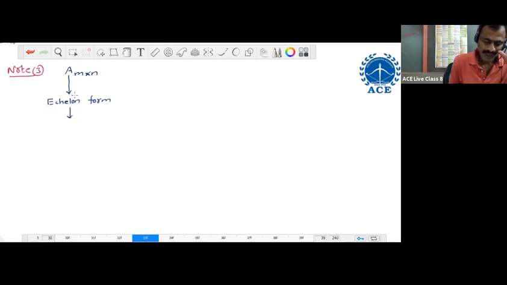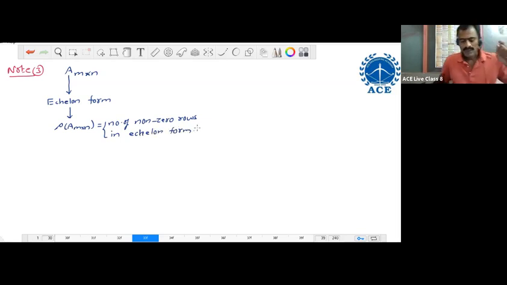We reduce the matrix into echelon form and then we find the rank. Rank of A, m cross n, equals the number of non-zero rows in echelon form.